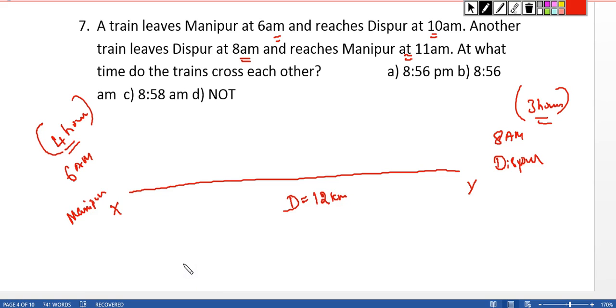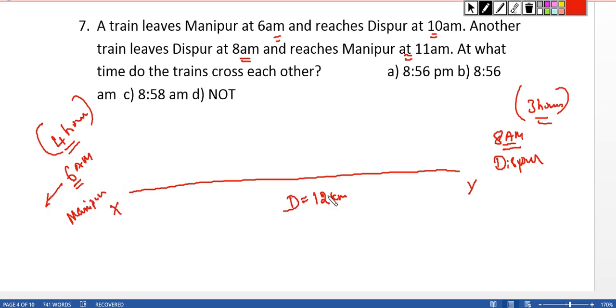Since this guy starts at 8 a.m. and this guy has already started at 6 a.m., from 6 to 8 a.m. this guy would be traveling all alone. So how far would he have traveled? What's the speed of this guy going to be?